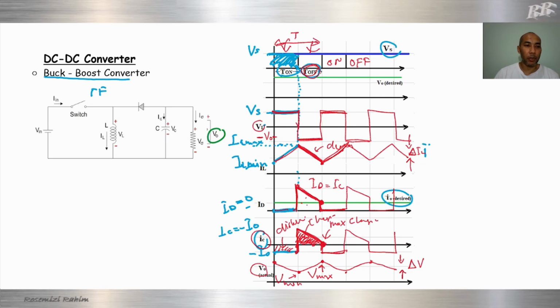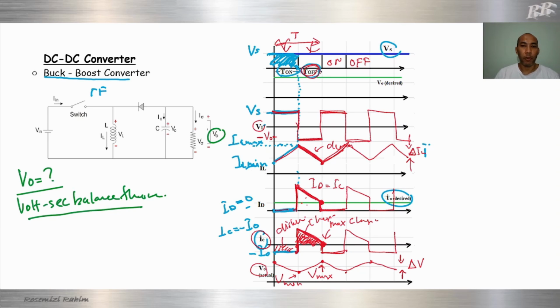Next we want to calculate the parameter of V out. What is V out? We use the volt-second balance theorem.